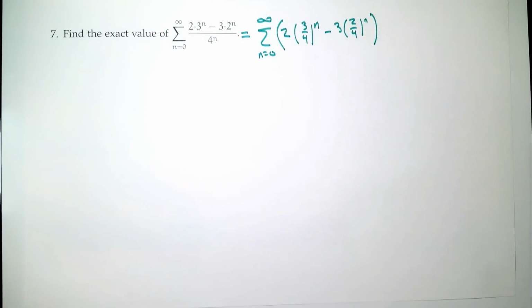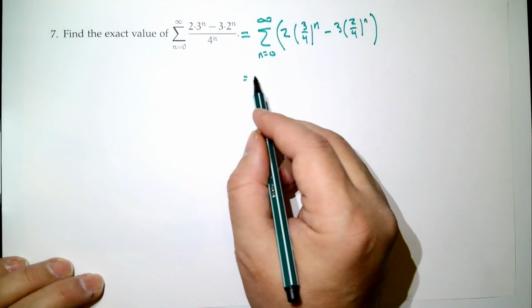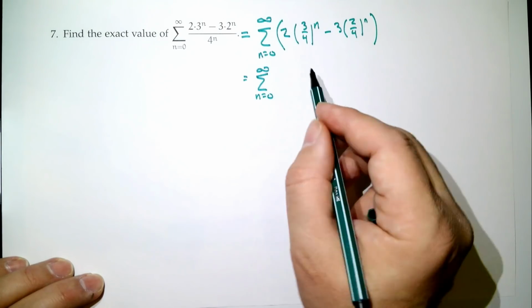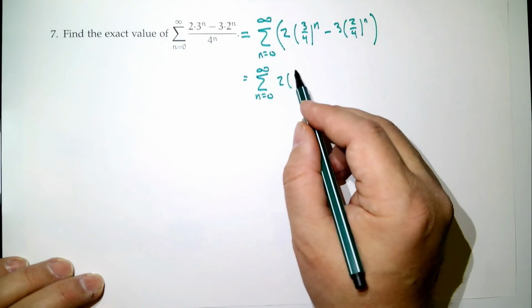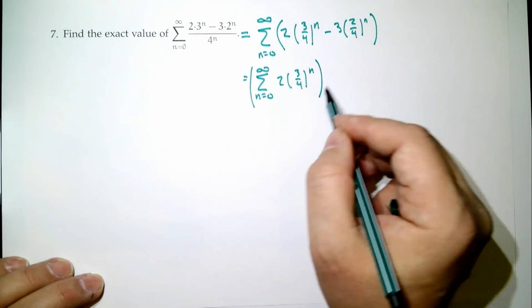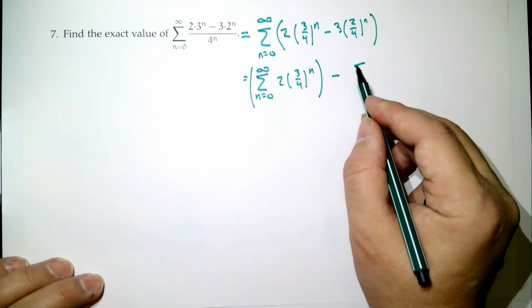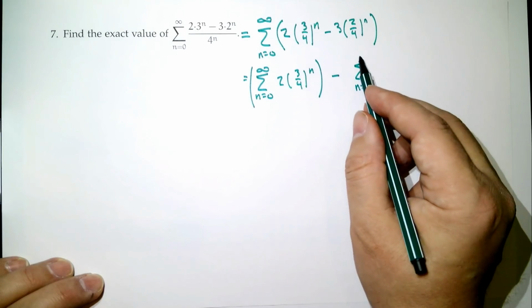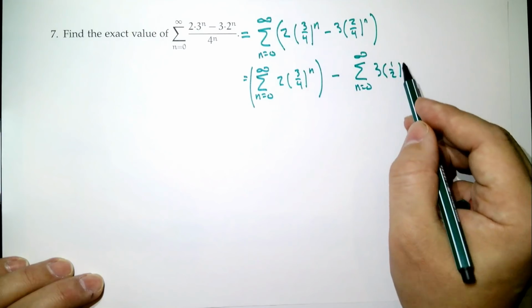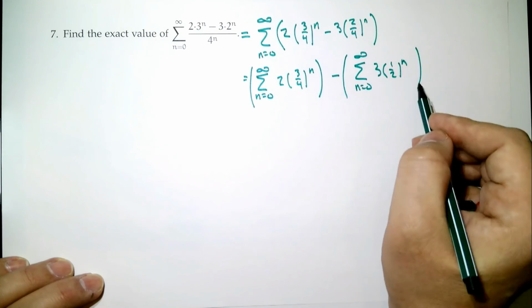So that's another way I can write it. 3 to the n over 4 to the n becomes 3/4 to the n. 2 to the n over 4 to the n becomes 2/4 to the n. And this here I can rewrite as really a combination of 2 things. I can think of this as 2 times 3/4 to the n, whatever that turns out to be, as 1 part, then minus summation n equals 0 to infinity 3 1/2 to the n, whatever that part is.